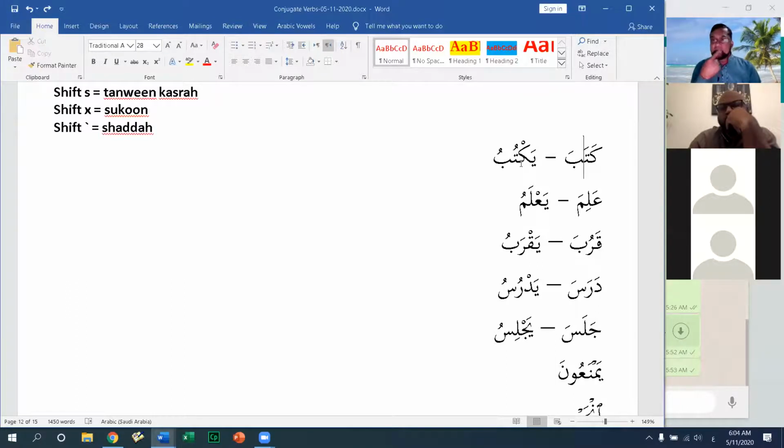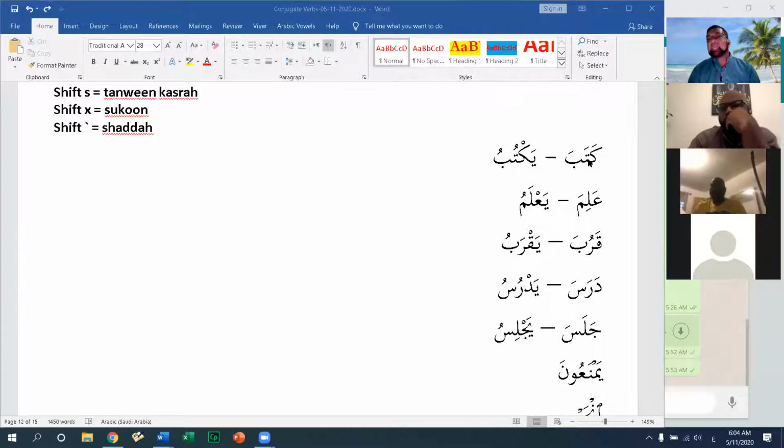Now, normally we don't say the pronoun, but if you understood it or you said it, it's not going to hurt. So, huwa kataba, huwa yaktubu. We don't say the pronoun, we say kataba yaktubu. So we memorize the vowel for the ayn in the past tense and the present tense.